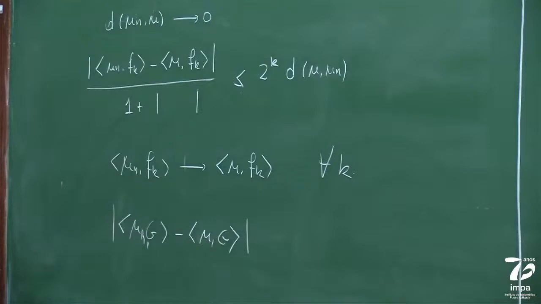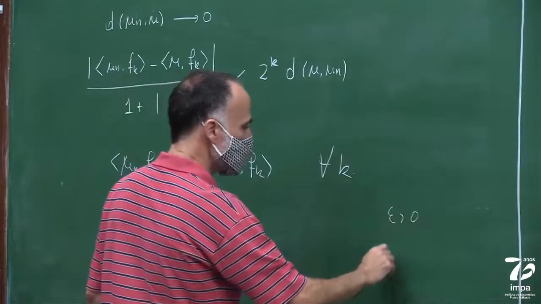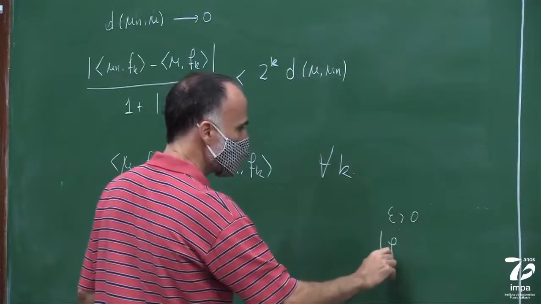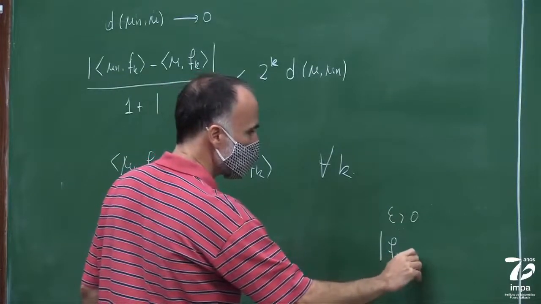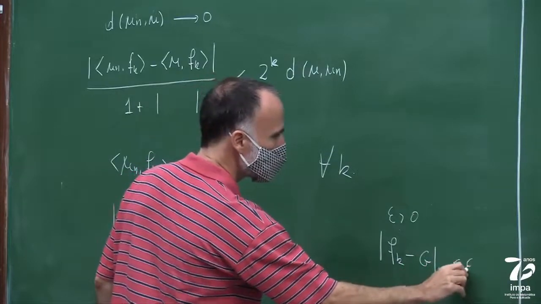But you know that this sequence that you started from, this fk, it's dense in L infinity. So you fix an epsilon, and you find a k such that fk minus your function g in the L infinity norm is bounded by epsilon.